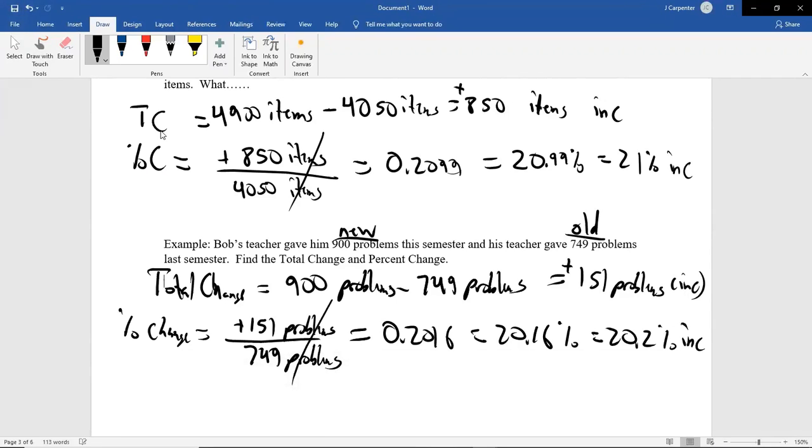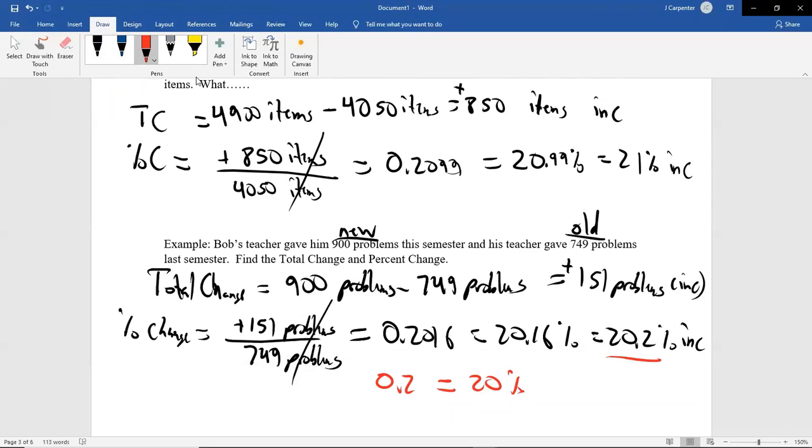Again, the context of the problem may say to round to 2 decimal places. It may say to round to the nearest whole percent, but you have to be careful. If I said to round to the nearest 10th of a percent, and you go, oh, we'll just round to the nearest 10th, you would have said this is 0.2. Then when you move the decimal right twice, you get 20%. And 20% is not the correct answer because you're missing the 10th position.